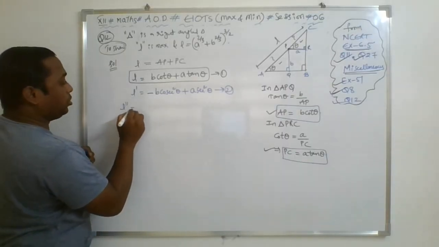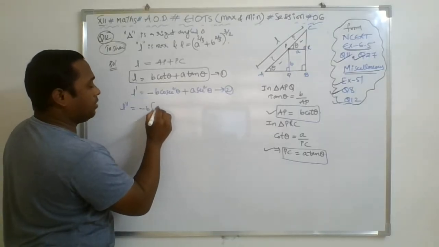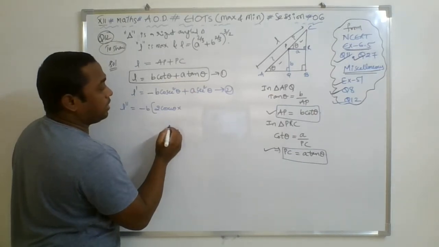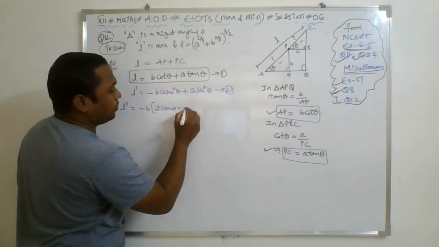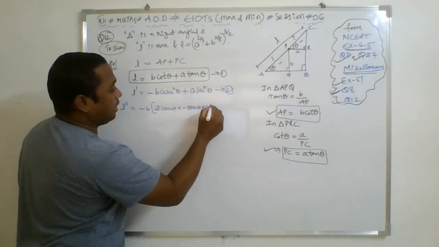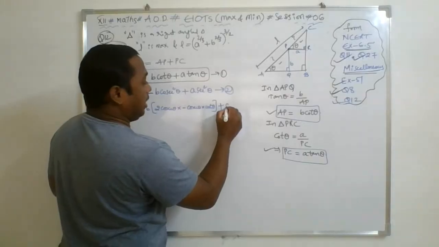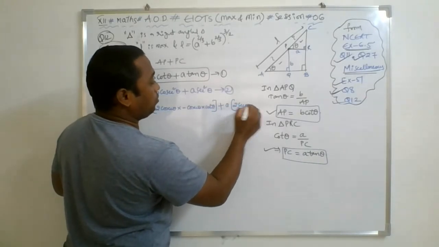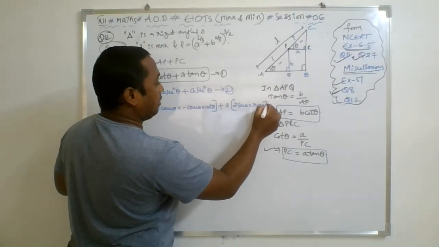Then L double dash means again the derivative, minus B as a constant. It becomes 2 cosec theta into the derivative of cosec theta, which is minus cosec theta into cot theta. So minus cosec theta into cot theta. Similarly, A into the derivative of sec square theta is 2 sec theta into the derivative of sec theta, which is sec theta into tan theta.